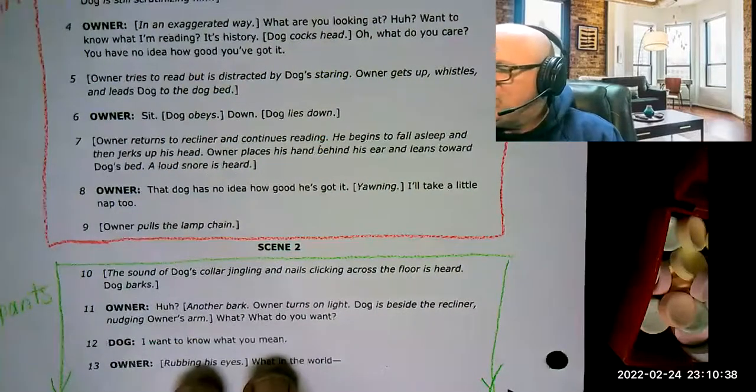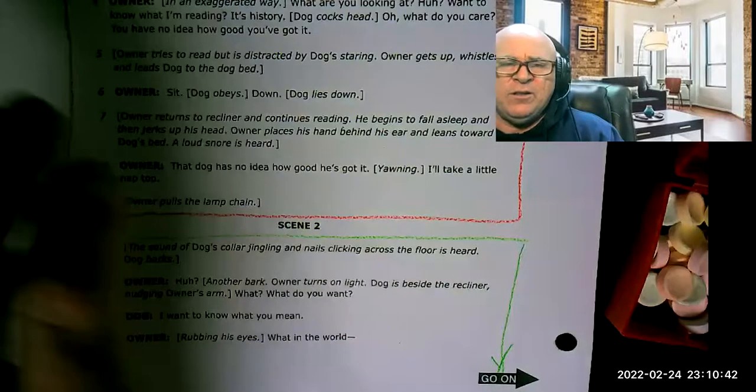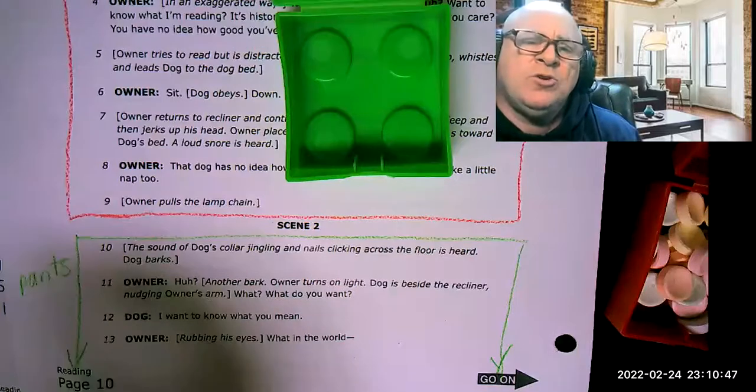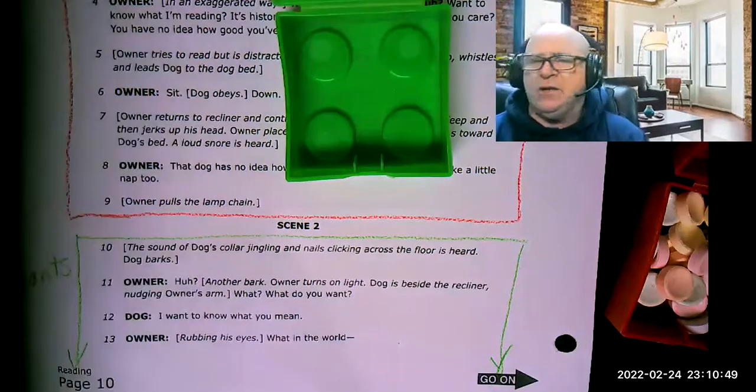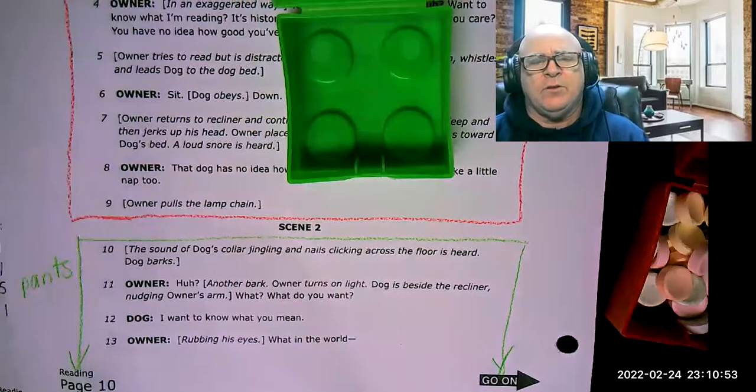If your students would have read just a little bit, would have fast forwarded the play to what I'm going to call the pants scene two. Scene two, my belt, green, and I'll just kind of read this time. You already got the concept of the acting and the stage directions.